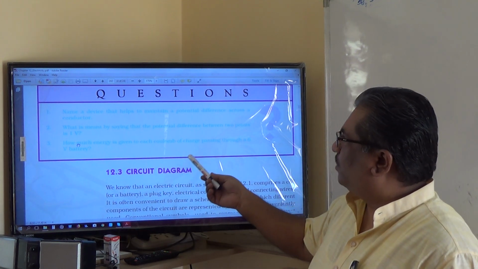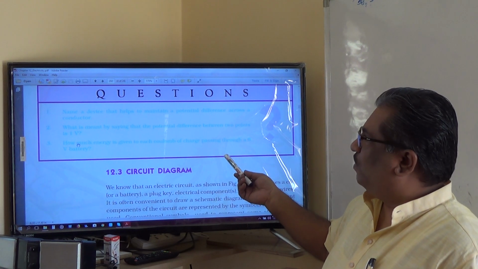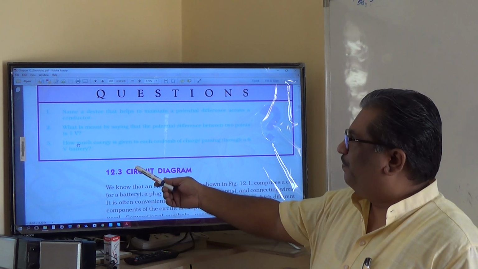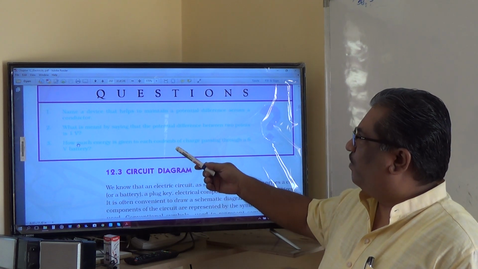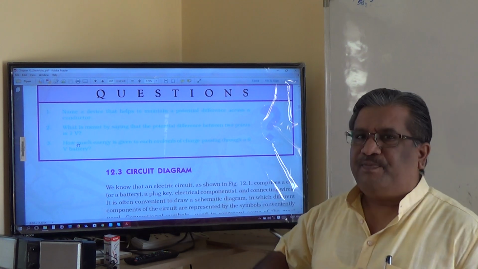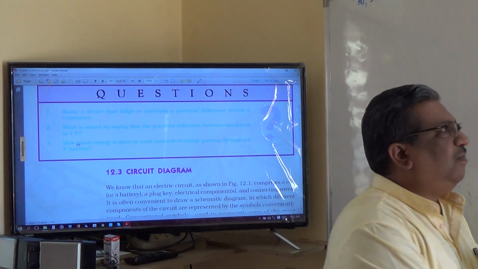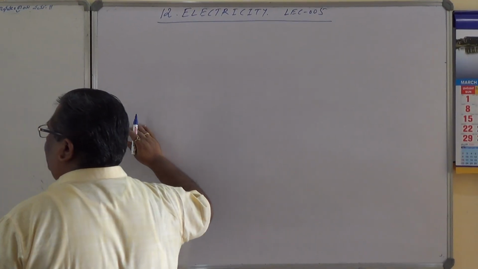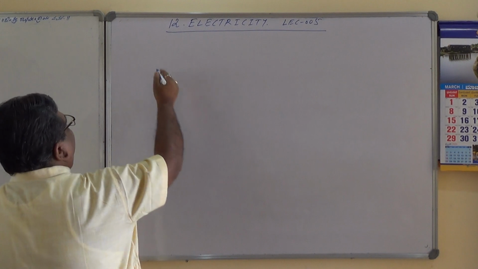How much energy is given to each coulomb of charge passing through a 6 volt battery? So can we work out this one? So let us solve this one on the board.